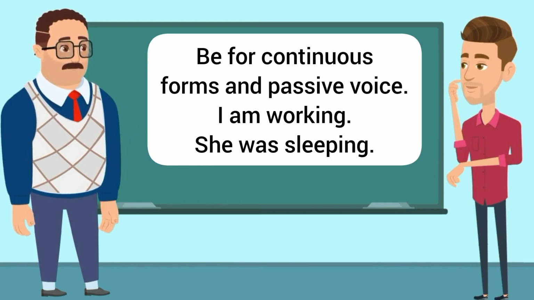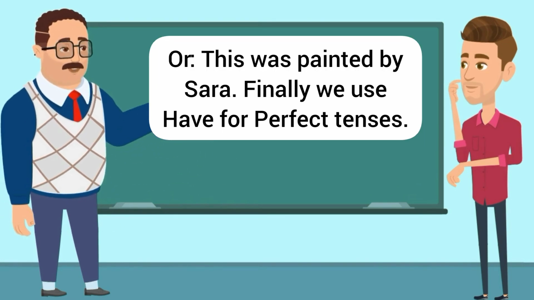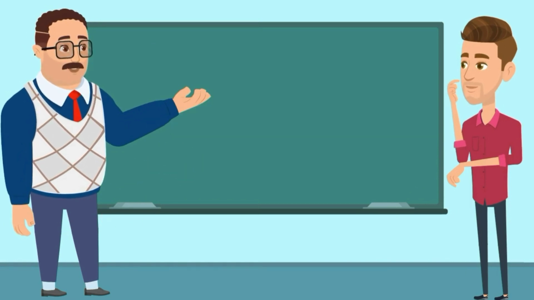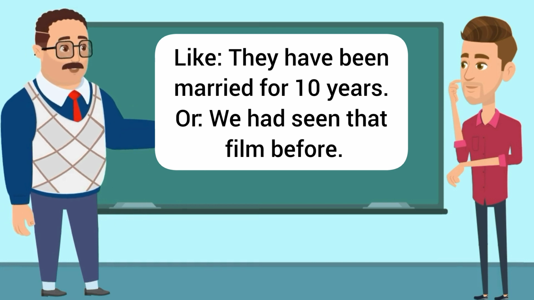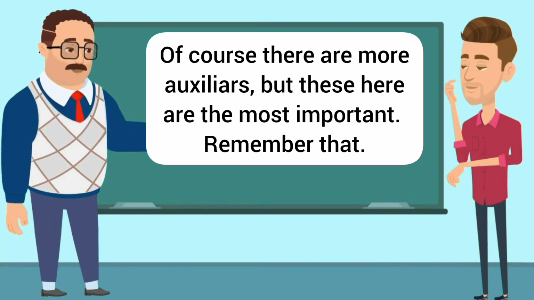And be for continuous forms and passive voice. I am working. She was sleeping. Or, this was painted by Sarah. Finally, we use have for perfect tenses. Like, they have been married for 10 years. Or, we had seen that film before. Of course, there are more auxiliaries, but these here are the most important.